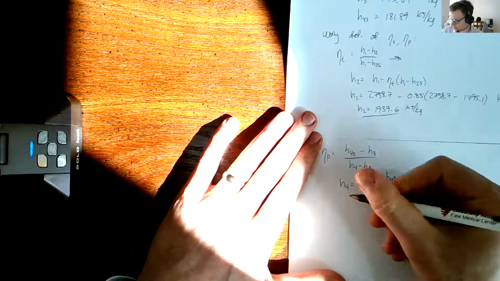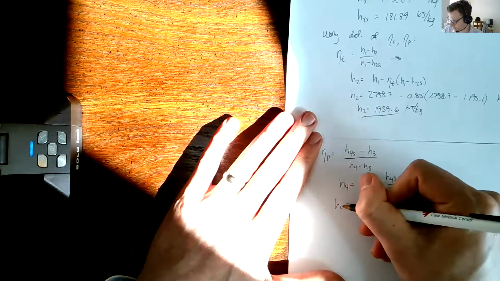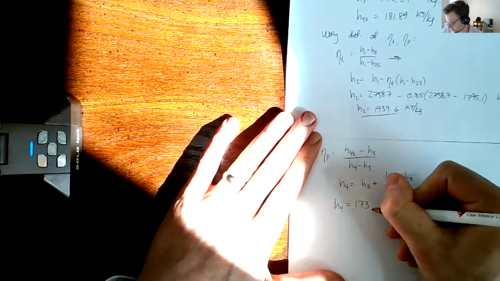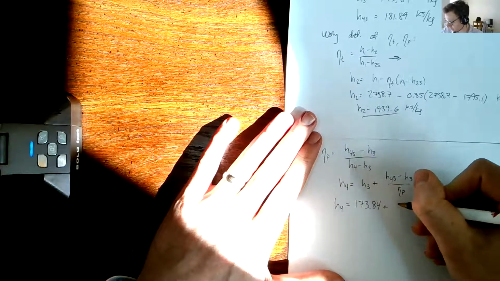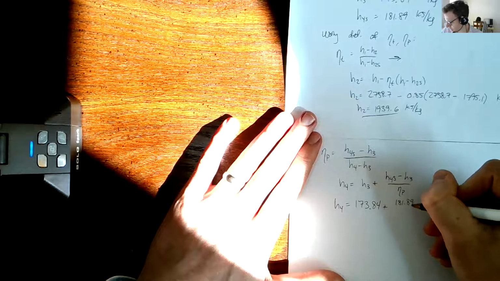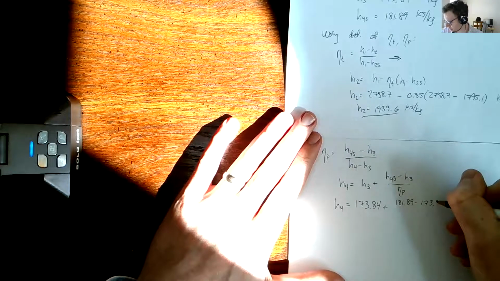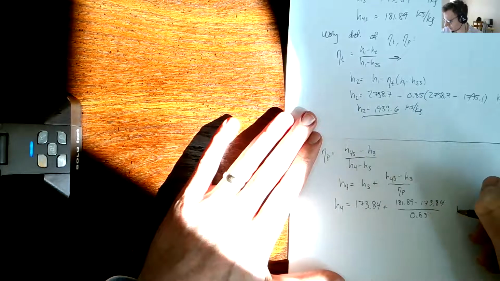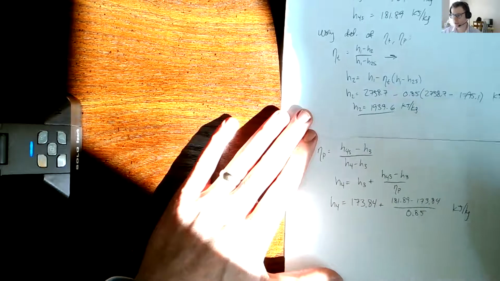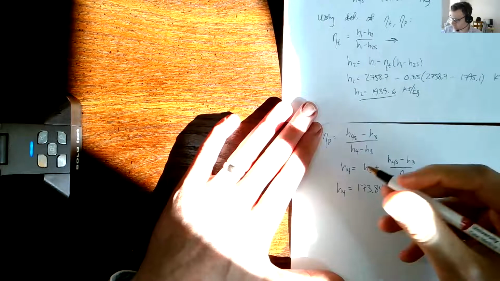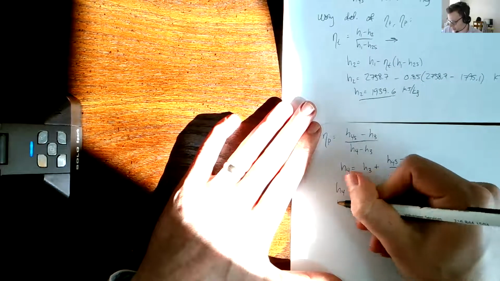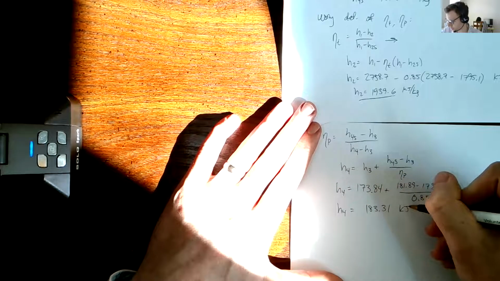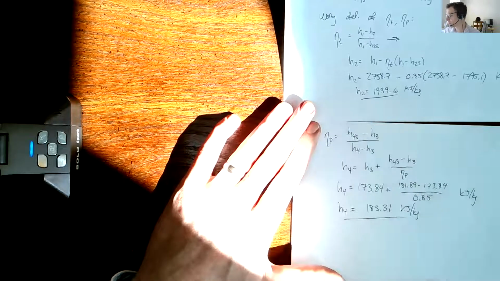I have all the numbers again, so I can just plug those in. H3 is 173.84 plus (H4s, which was 181.89, minus 173.84) divided by the efficiency, which is 0.85. Again, this is in kilojoules per kilogram. Put this into my calculator and you get H4 equals 183.31 kilojoules per kilogram.